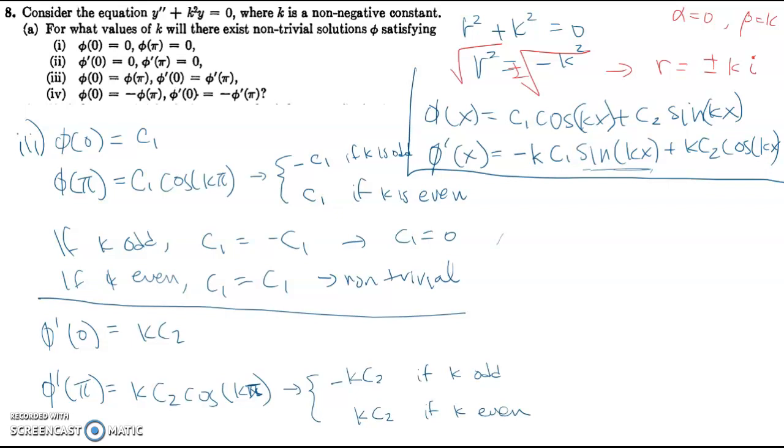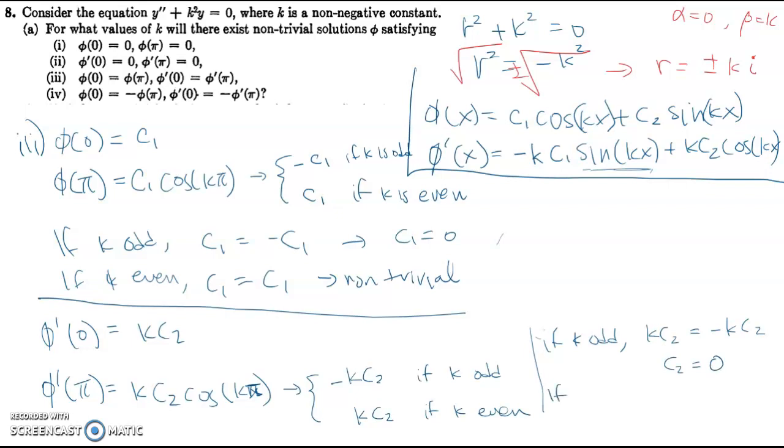Okay, so let's do the same thing. If k is odd, then k c2 must equal negative k c2. This would again get us only one possible solution: c2 has to be 0.